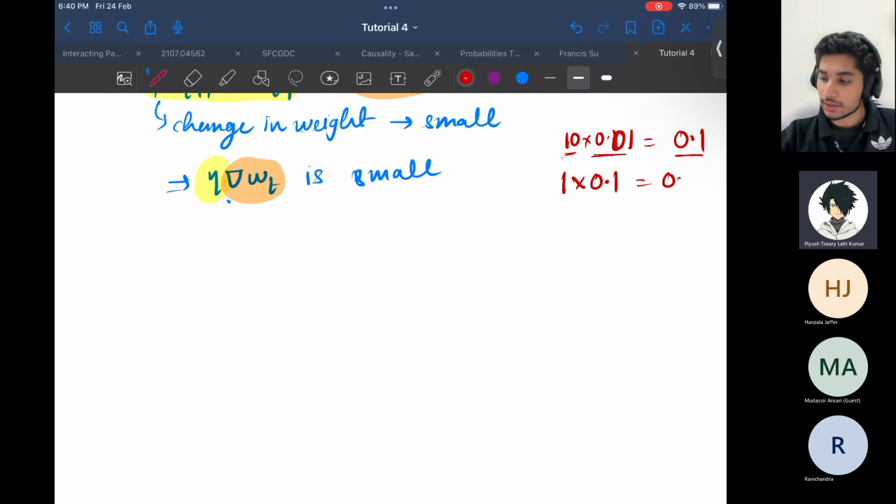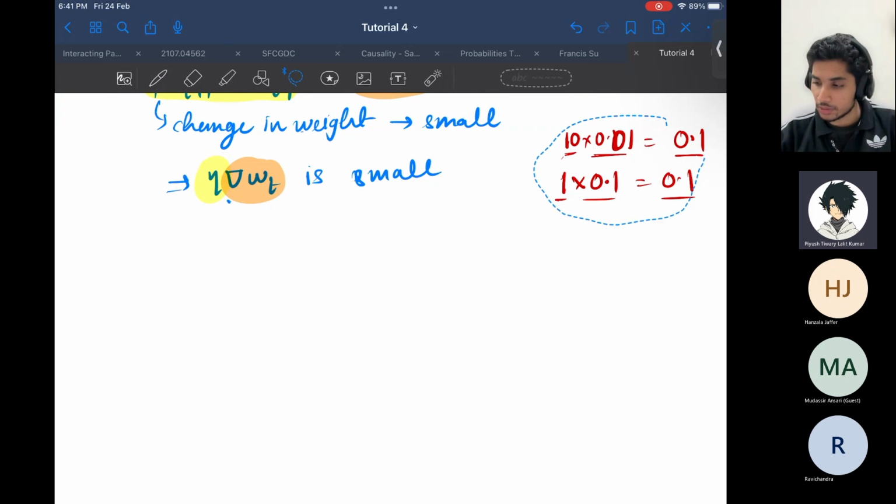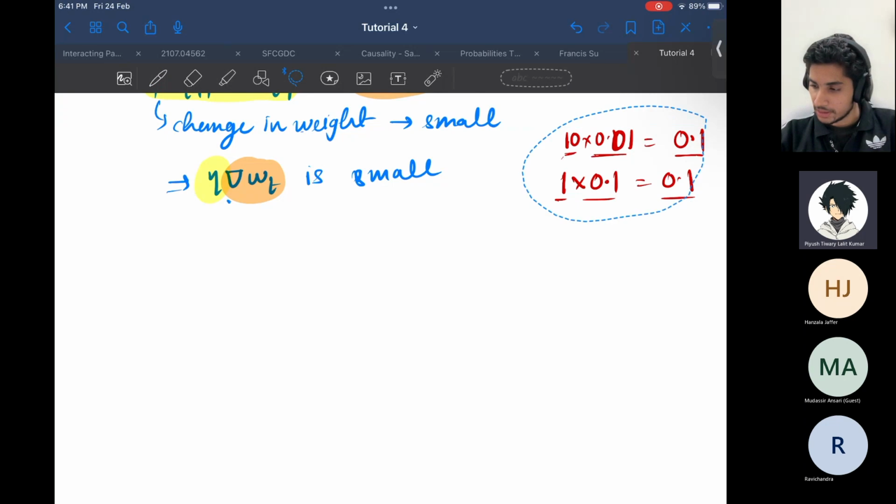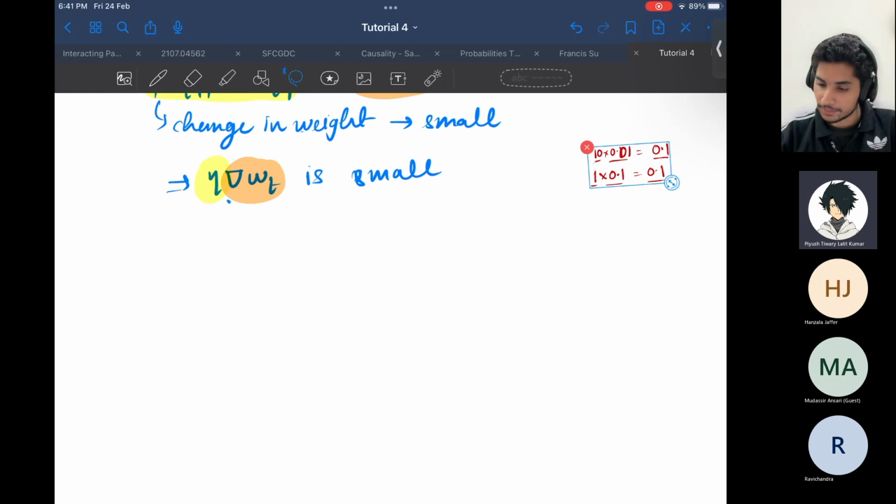This will also give you 0.1. Now the output is small. However, this time both the inputs, 1 as well as 0.1, were small. This is the common logic that I am trying to use here. If this is not clear, maybe you can unmute yourself and ask. Nothing fancy here.